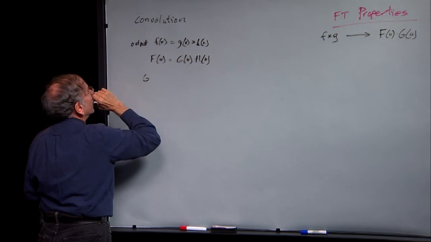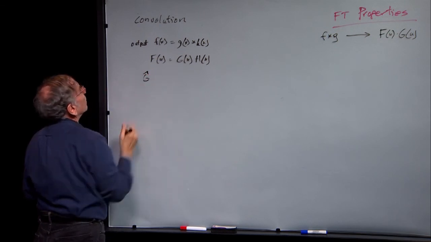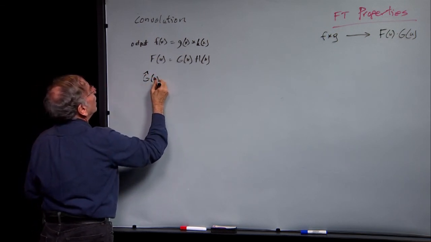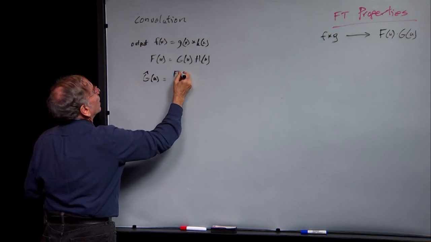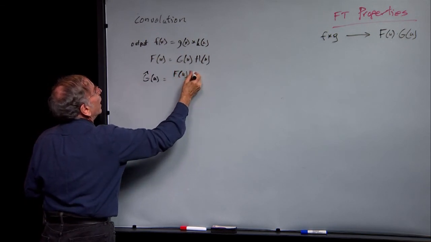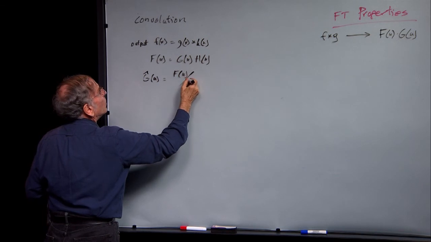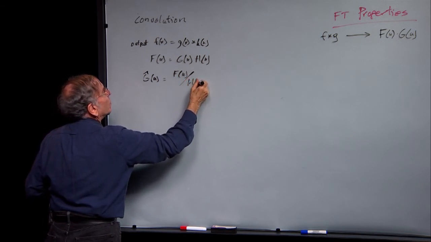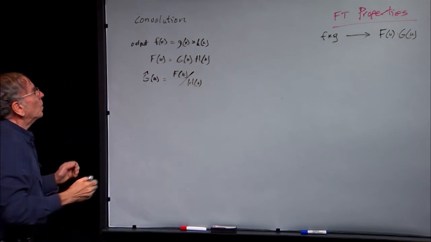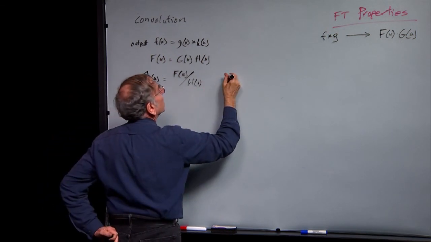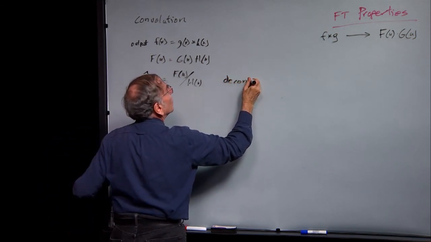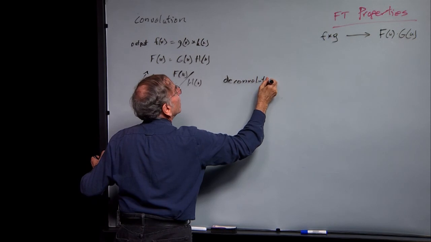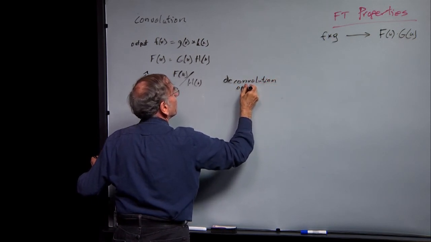We'll call this the recovered g of u, by just taking what I got out, this f of u, and dividing it point by point by the kernel h of u. So this then is a deconvolution operation.